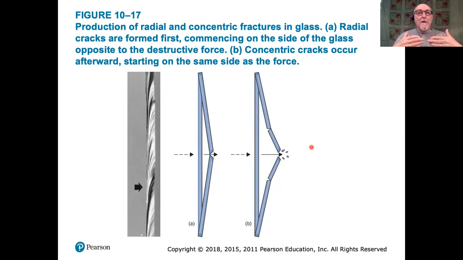But if you bend it too much, you're going to introduce stresses into the glass, which it cannot sustain, and the glass will break, it will separate. So when something goes through a window pane, here's the window pane entire, here's something going through. When the projectile first goes through, the first cracks that develop are the radial cracks. And then the second lot of cracks are the concentric cracks.